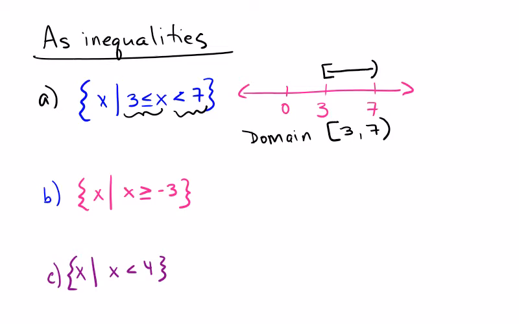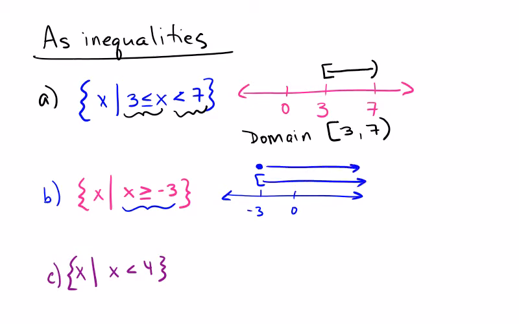In the second example, we're going to make another number line. This time it says x is greater than or equal to -3. So here is 0, here's -3. Because this is greater than or equal to, that means we're talking about a bracket or a closed circle, and greater than means it's going to the right. Since it's going to the right forever, we are going to infinity.